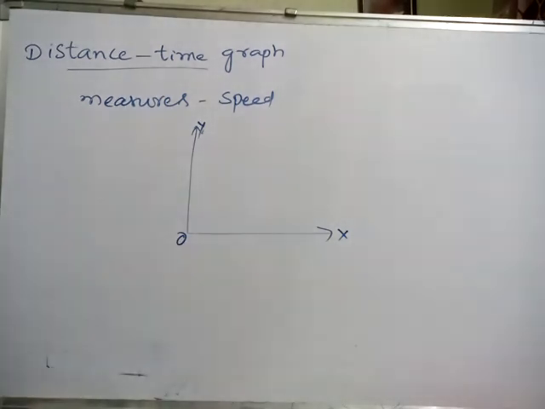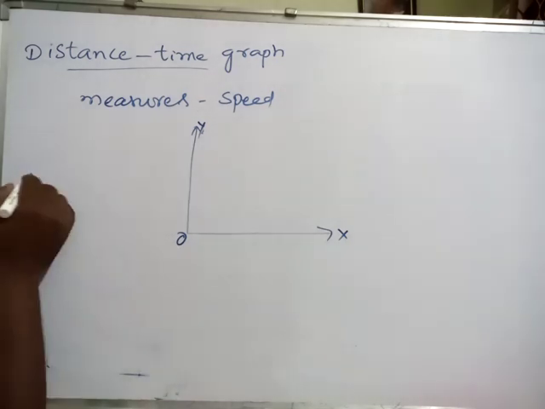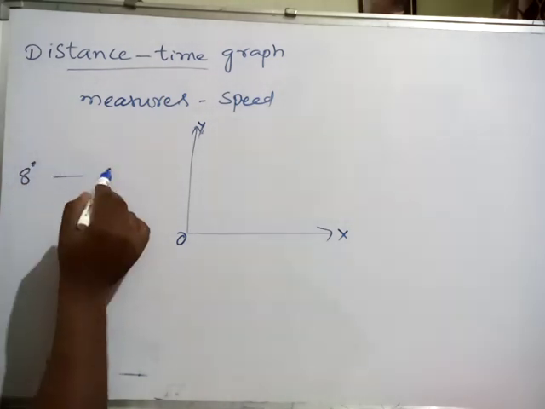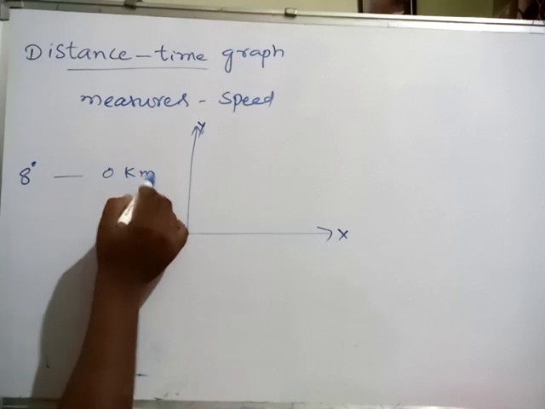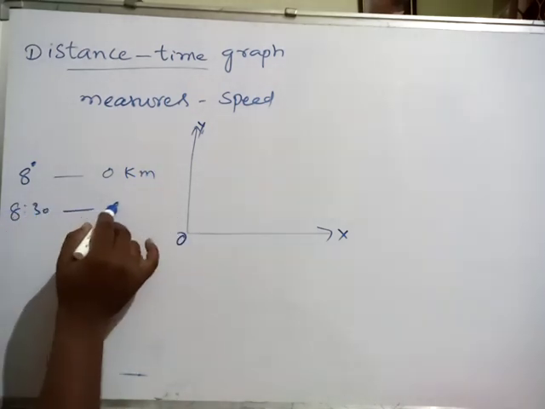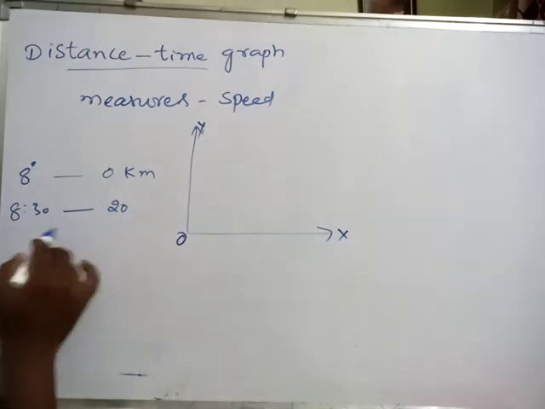How can we use these graphs? For that, in our textbook one example is given. If a car started at 8 o'clock, 0 kilometer, and at 8:30 it covered 20 kilometers.